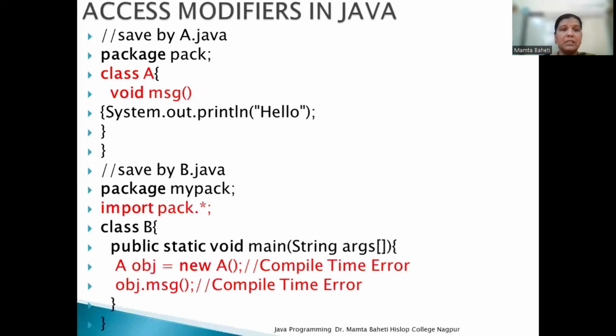See here, in class A, I have MSG as a method declared with no access modifier specified. So I will not be able to use that method outside, which indicates that by default the methods are private.